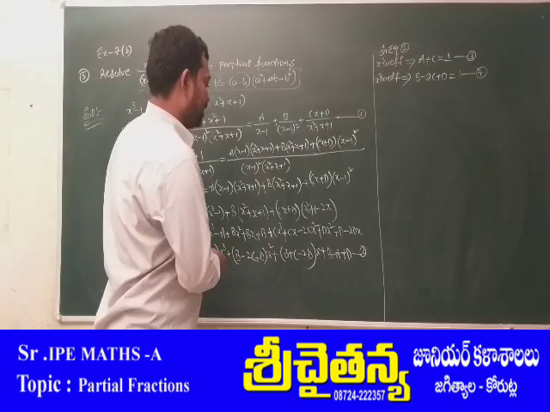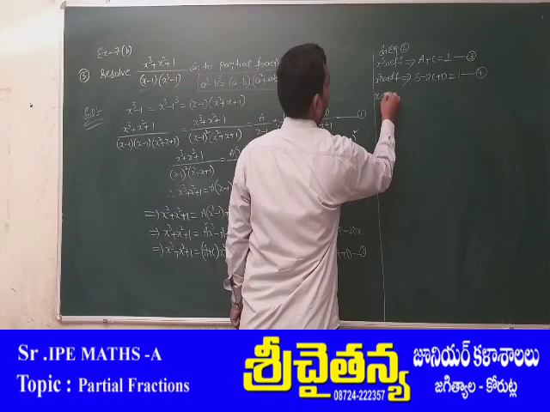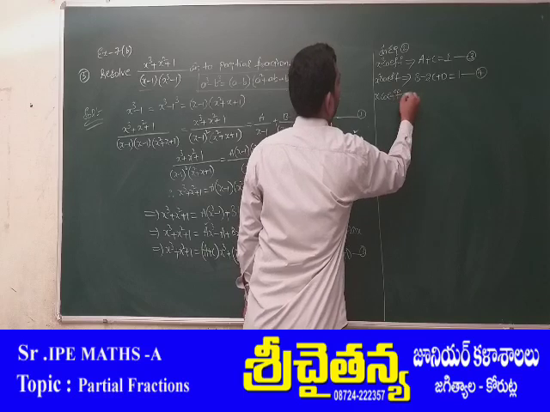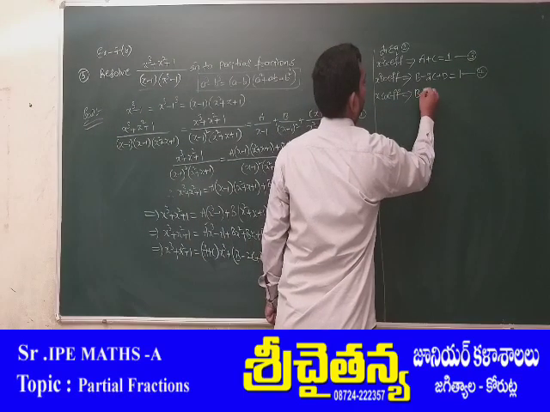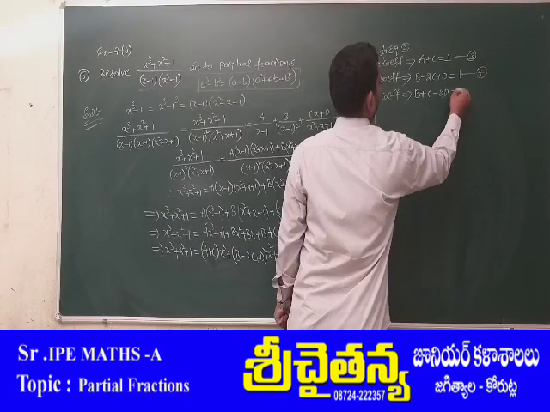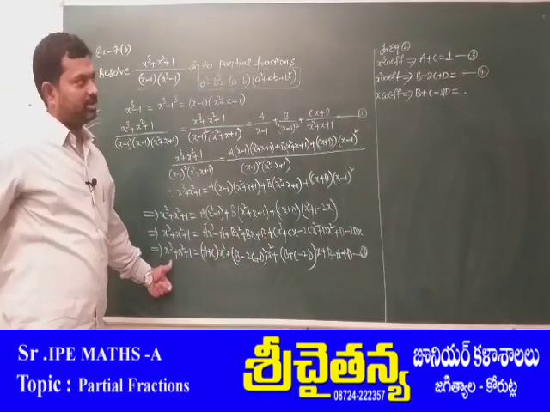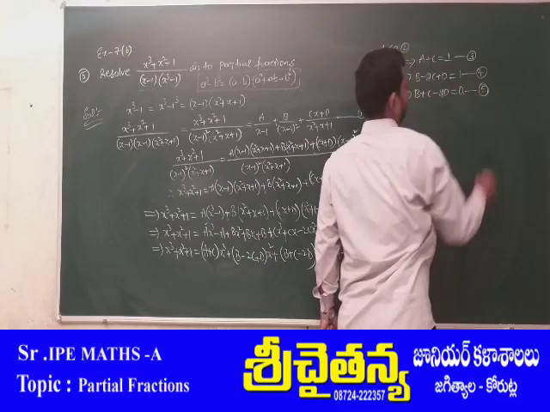Next one, after completion of that, is the x coefficients. The x coefficients are equivalent to b plus c minus 2d. But on the left hand side there is no x coefficient, that means it is equal to 0. This is equation number 5.